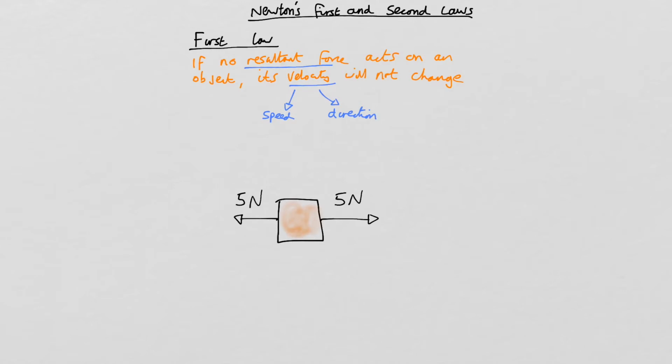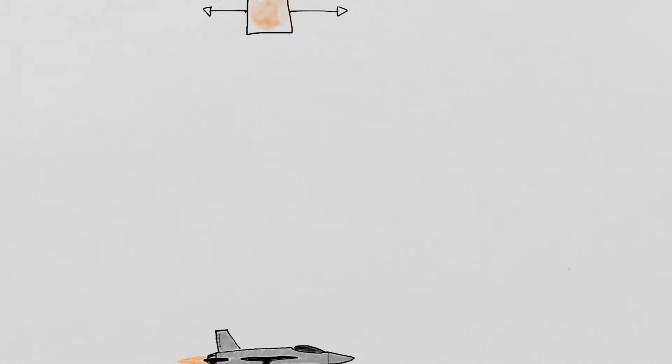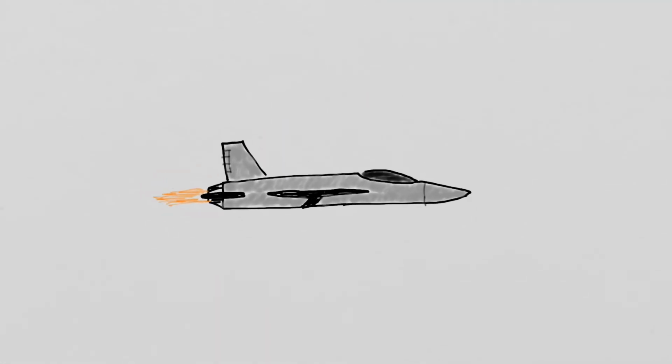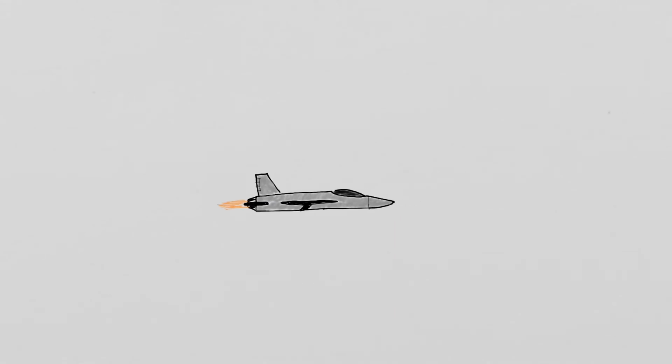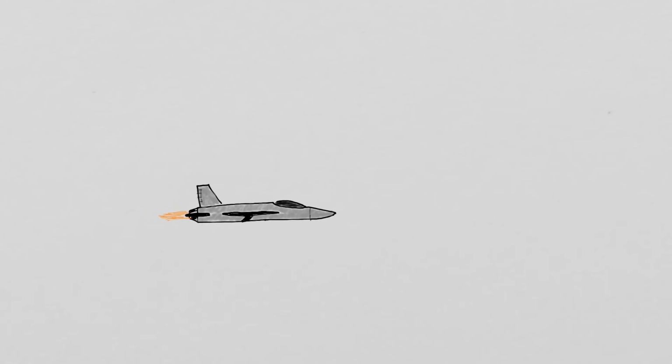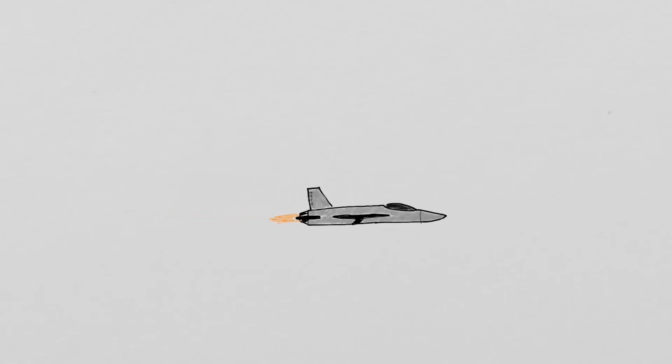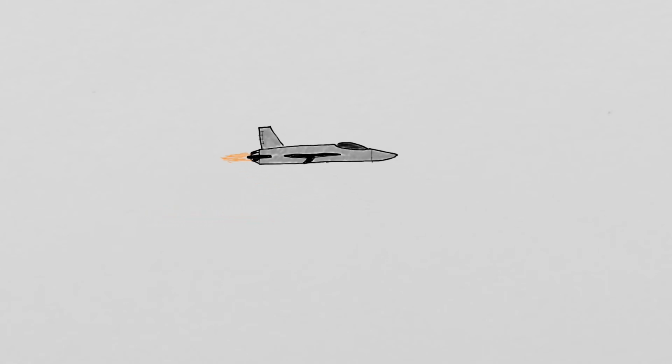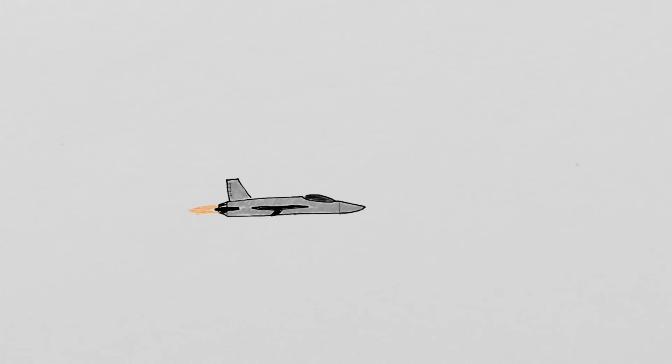Now you can actually change an object's direction. So let's say I've got this aeroplane here. If this aeroplane was moving, currently there is no resultant force acting on it, so it's going to carry on moving in whatever direction and speed it's moving at. If I applied a force upwards to the bottom of the aeroplane, then the aeroplane is going to change direction.